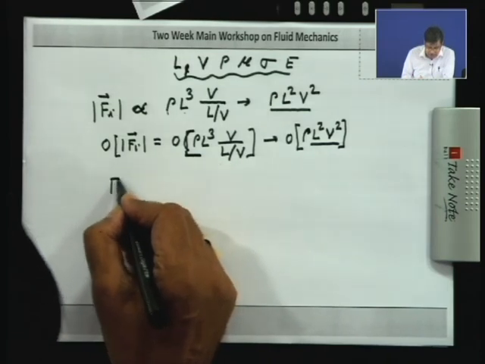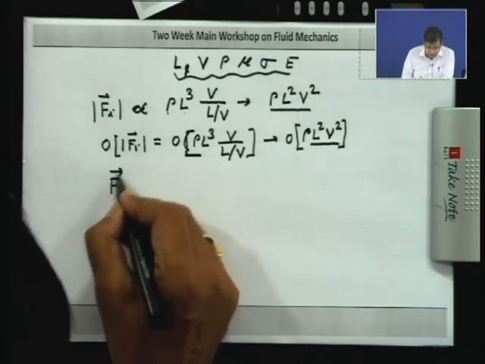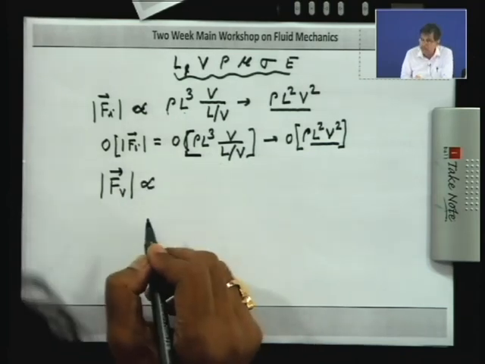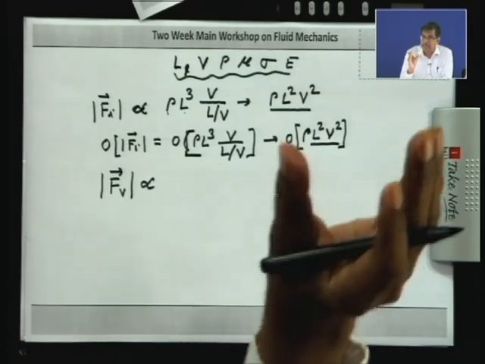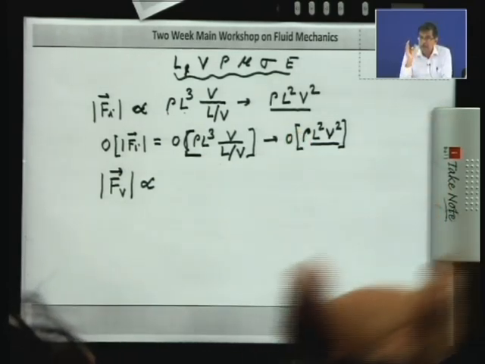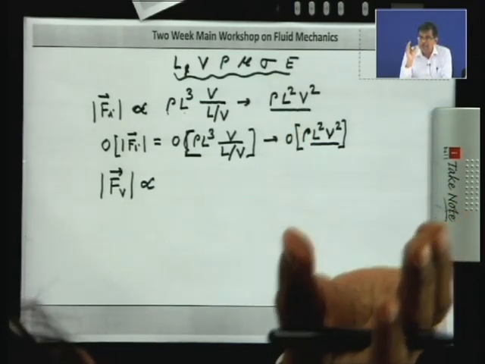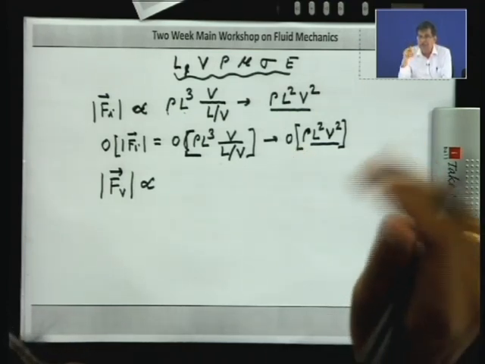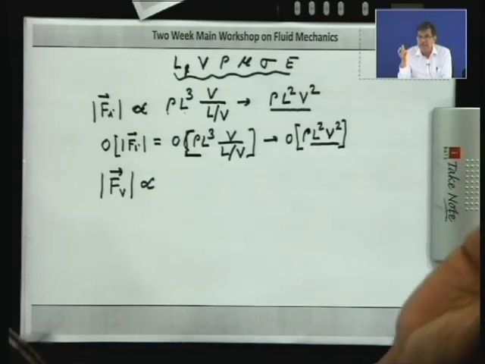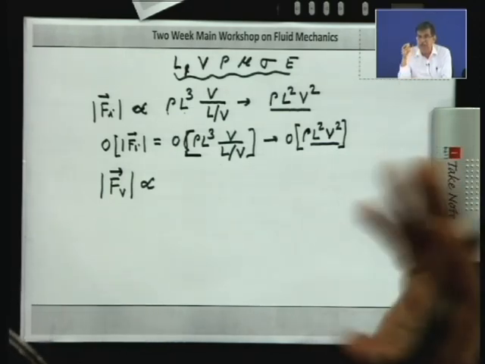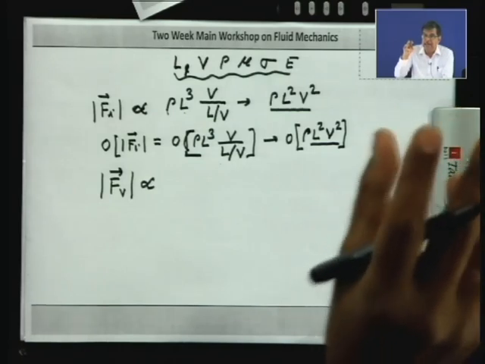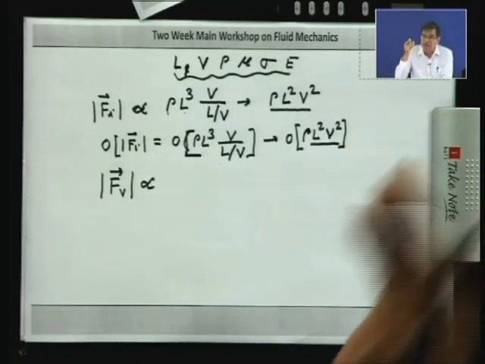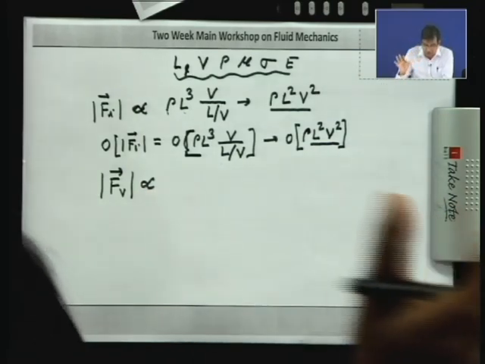Now let us find out the viscous force. The order of magnitude, or representative magnitude, of the viscous force: the viscous force is proportional to what? Viscous force is viscous stress into area. You remember viscous stress is defined as mu times the velocity gradient. In the simple case it is mu del u del y. In a 2-dimensional plane it is mu times del v del x plus del u del y, that means the rate of shear strain or rate of angular strain, which is nothing but the velocity gradient. Whether that is one term or two terms is not important here.